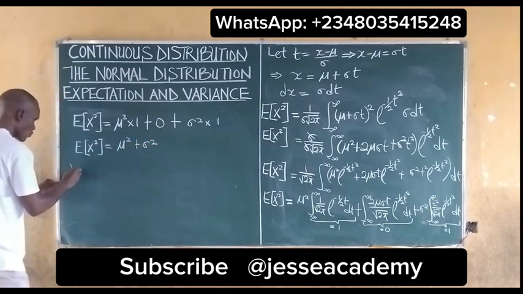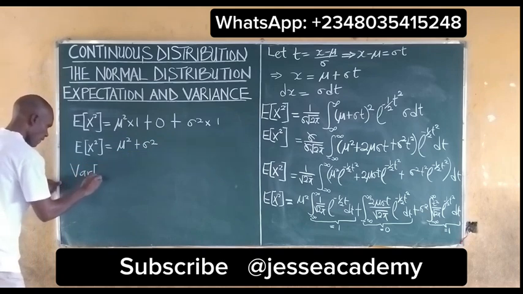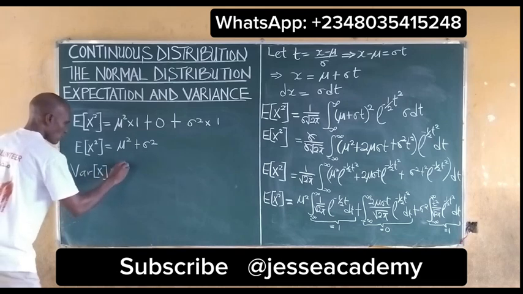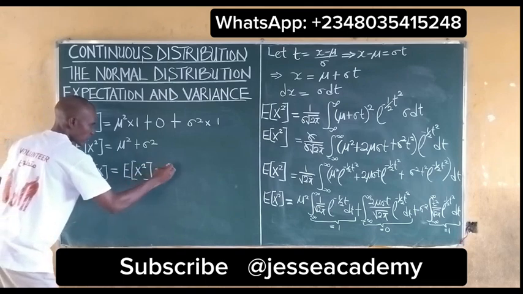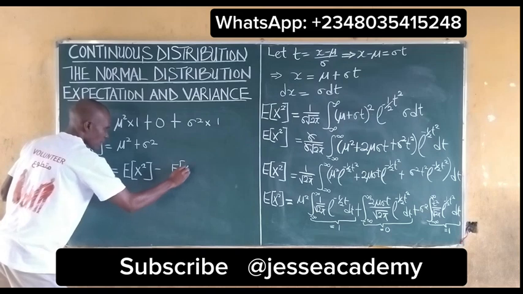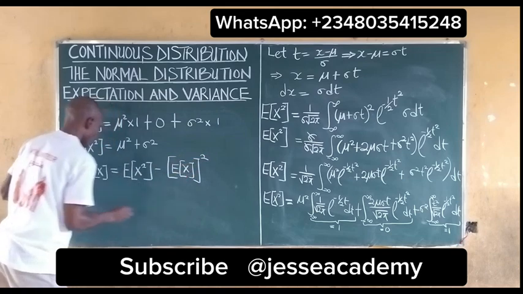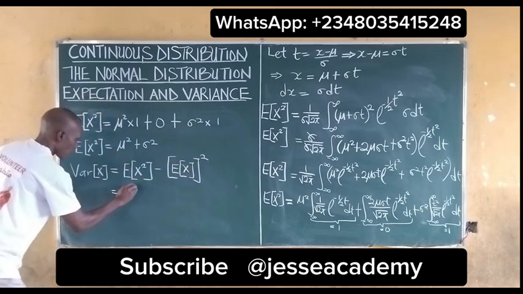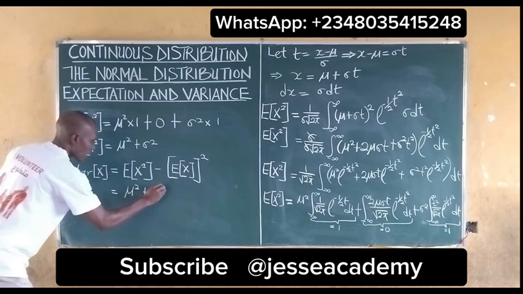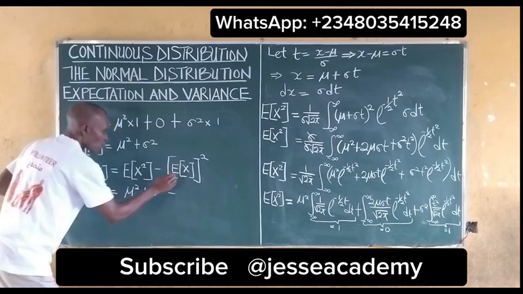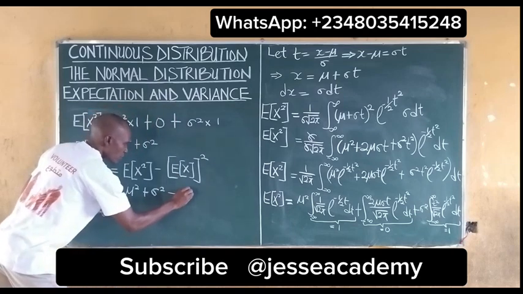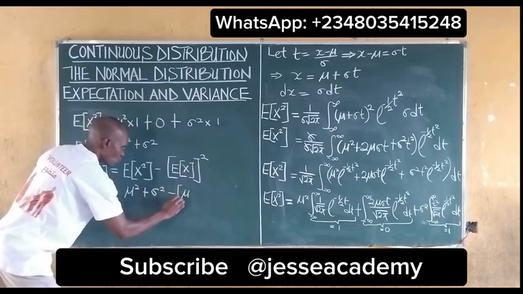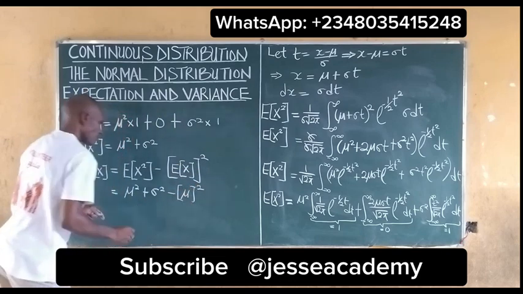So we have our expected value of x squared to be equal to mu squared plus sigma squared. Of course, we know that the variance of x is equal to the expected value of x squared minus the expected value of x, all squared. And we have this to be mu squared plus sigma squared minus, we have our expected value of x, which was written here to be mu. Because of this square, it turns to mu squared.